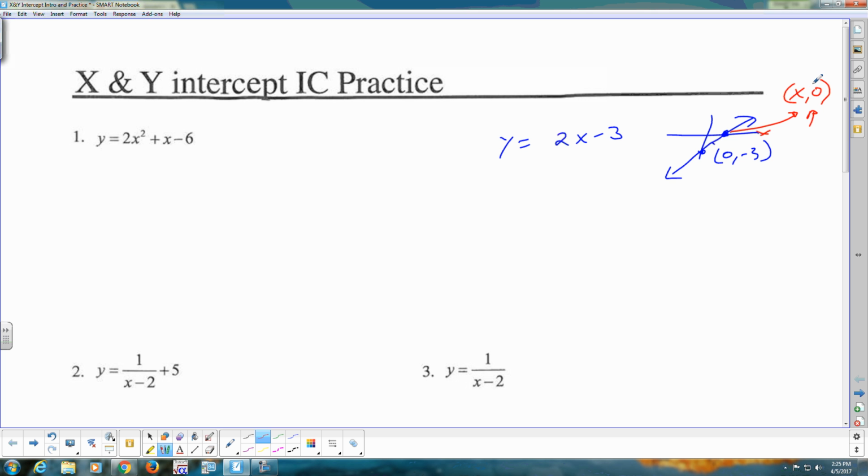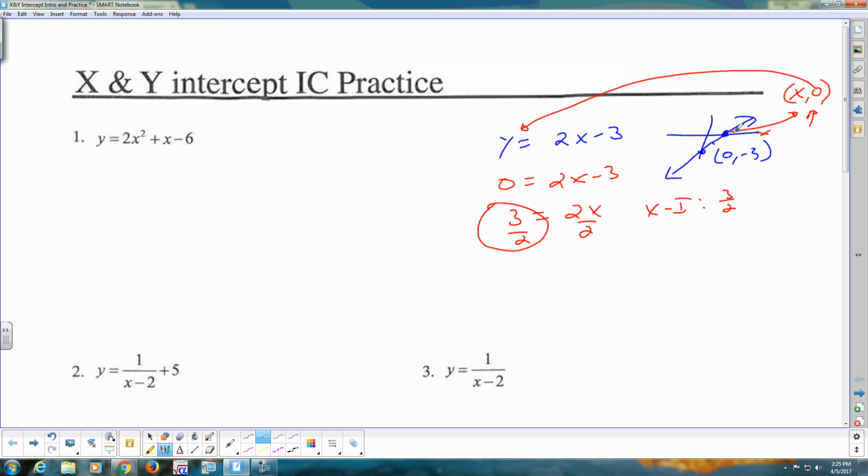So how do you find an x-intercept? You let the y value be 0. Add the 3, divide by 2. The x-intercept is 1.5. So how do you find an x-intercept? You let y equal 0 and solve for x.